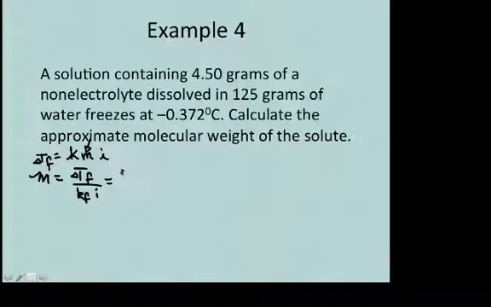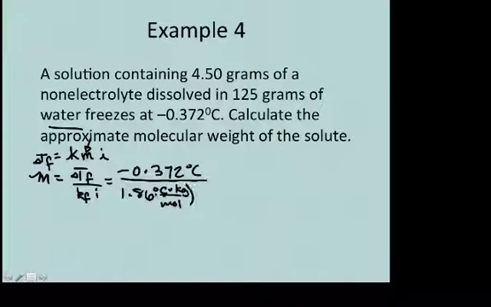So this is going to be really easy. So I take my negative 0.372 degrees Celsius and then divide by my K sub F, which for water is 1.86 degrees Celsius times kilograms over moles. And then I multiply that by my Van 't Hoff factor, which for non-electrolyte means just 1. Does not break into ions. So what's my molality in this solution?